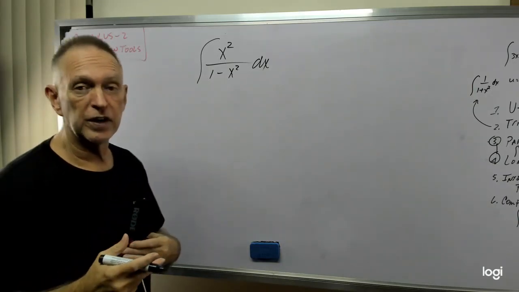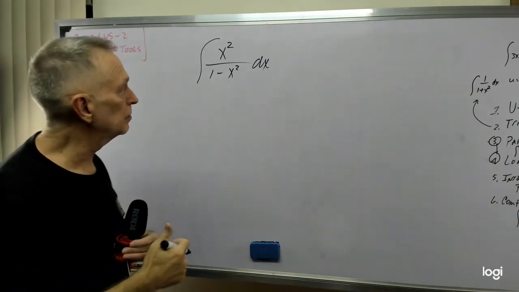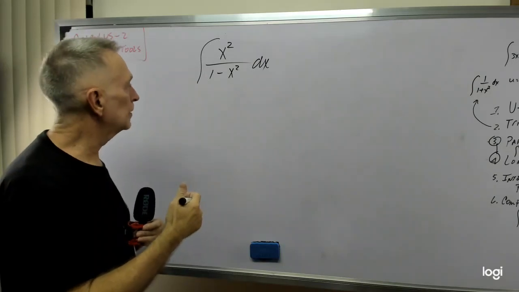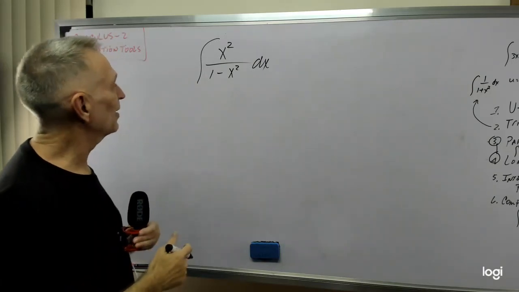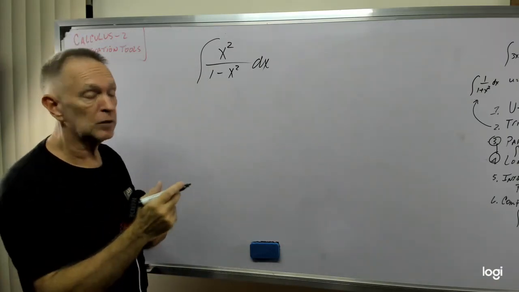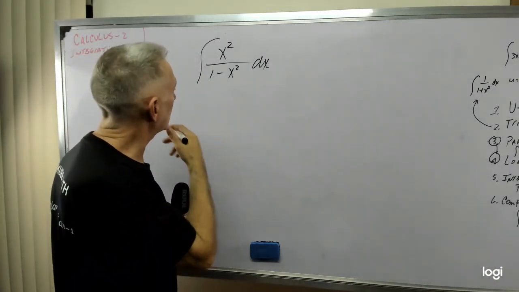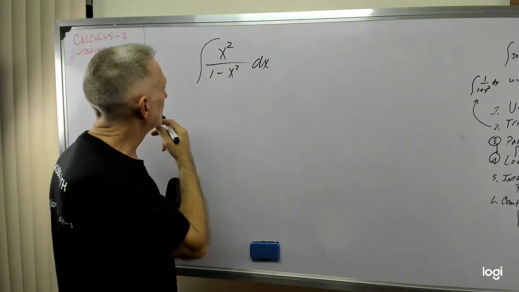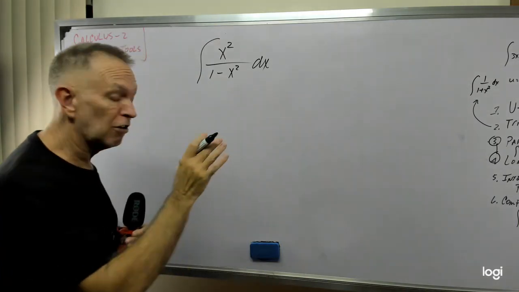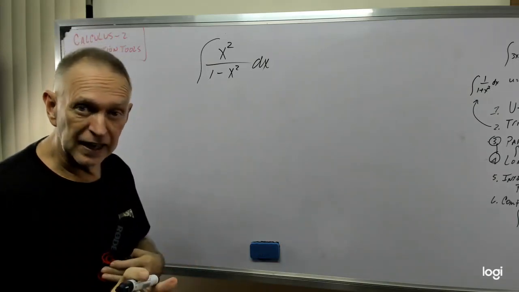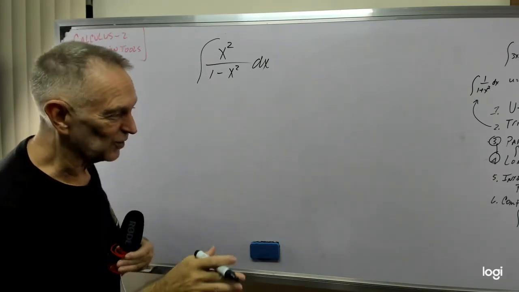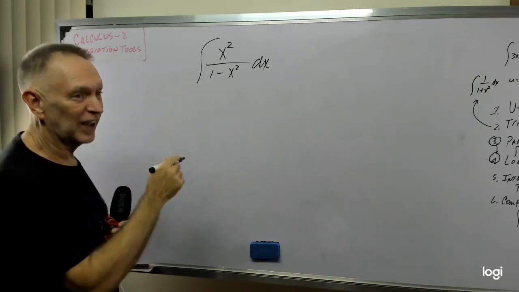In previous videos we've talked about u sub, we've talked about trig sub, talked about a lot of things. If we tried u sub on this, let's not do that. Let's try long division. How about that? Back in the day, we did a lot of long division before the advent of calculators.